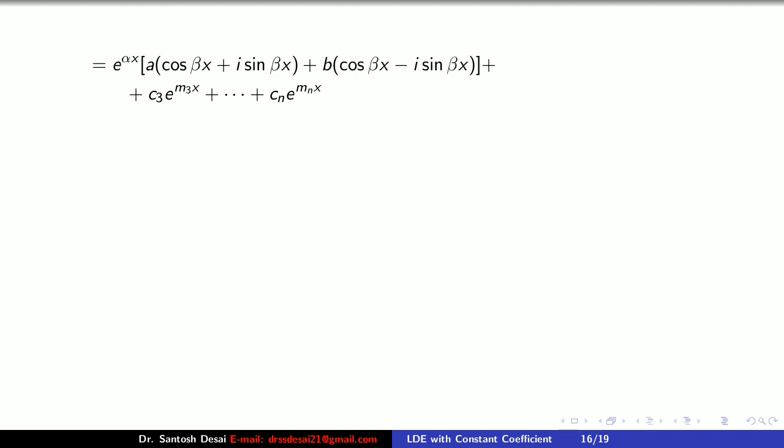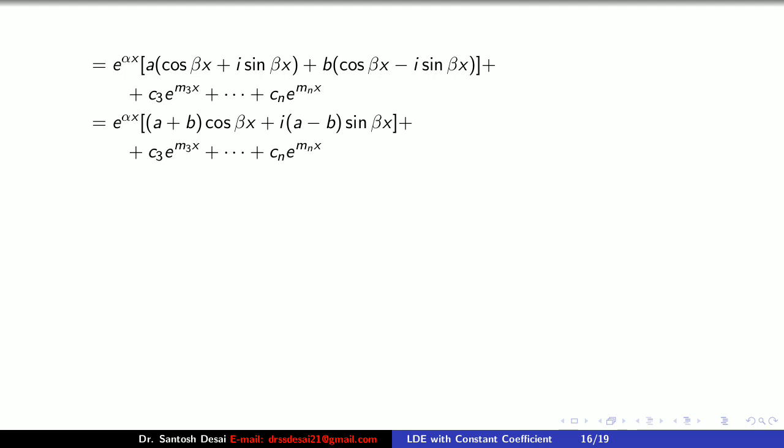Now simplifying these two terms. Let us check the first term of each bracket. Here cos beta x is common, and therefore we get e^(alpha x) [(a + b) cos beta x]. And in the second term, sin beta x is common, so we get i(a - b) sin beta x, plus c3 e^(m3x) plus and so on cn e^(mnx).